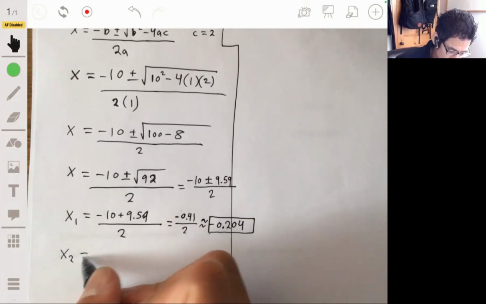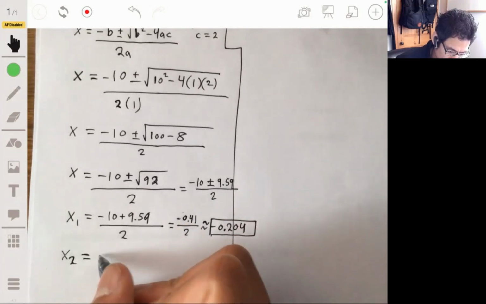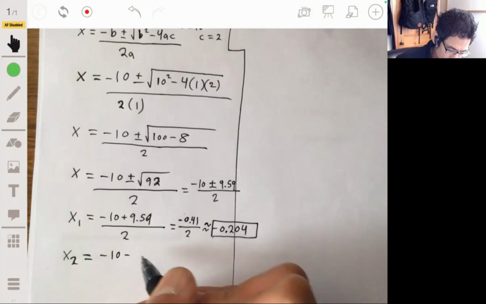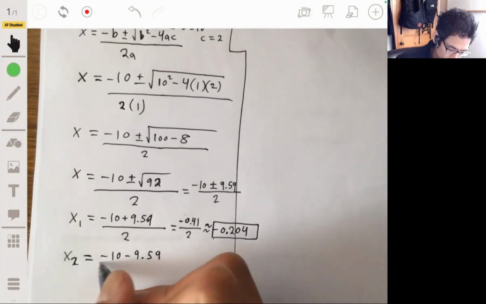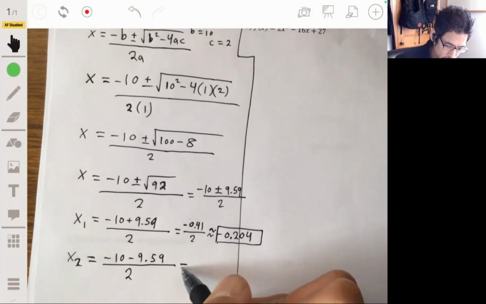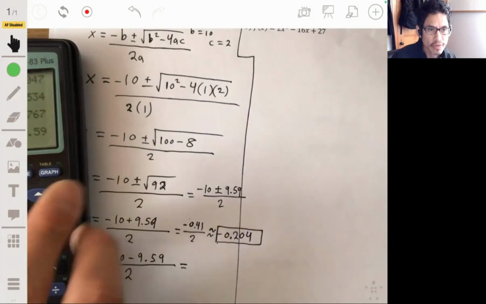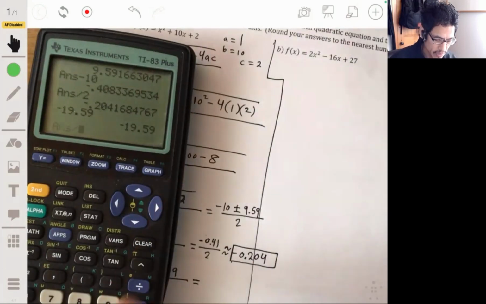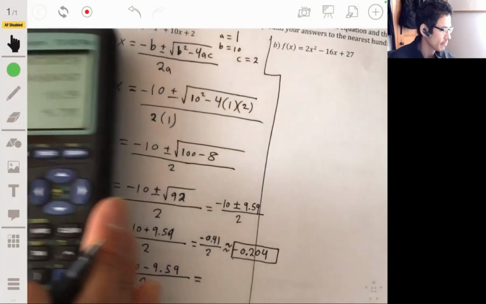So x2 will be negative 10 minus 9.59 over 2. So we'll get negative 19.59 on top, and divide that by 2. About negative 9.795.